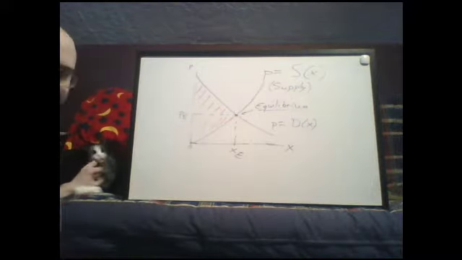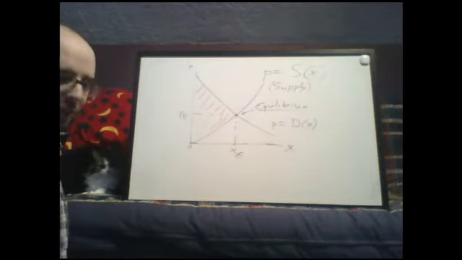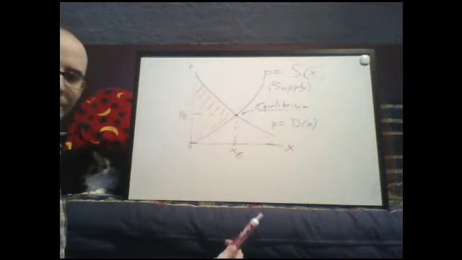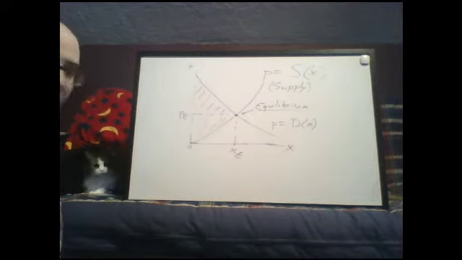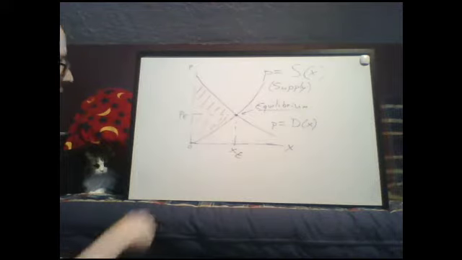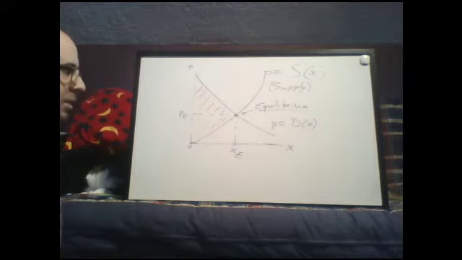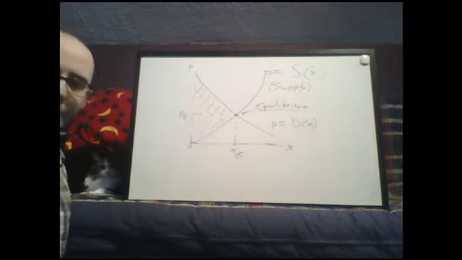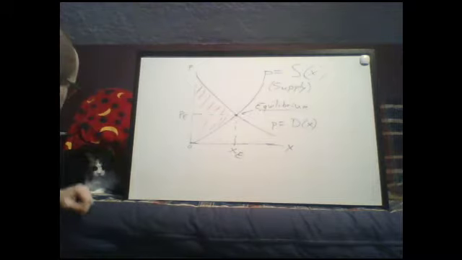That's like the net. That's the overall benefit that everybody's receiving. The consumers are getting extra beyond what they're willing to pay. The producers are getting extra beyond what they're willing to sell for. So together, these two areas give us kind of the total economic benefit of this industry.